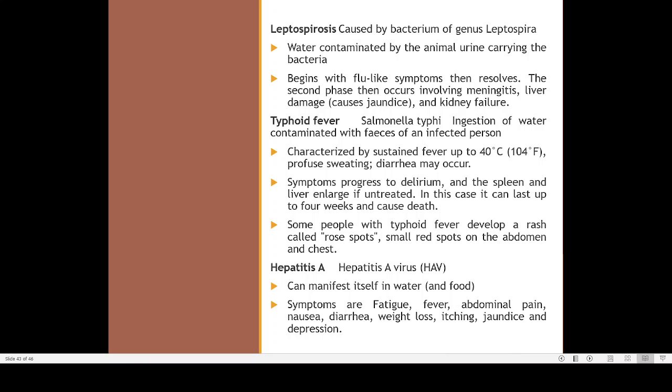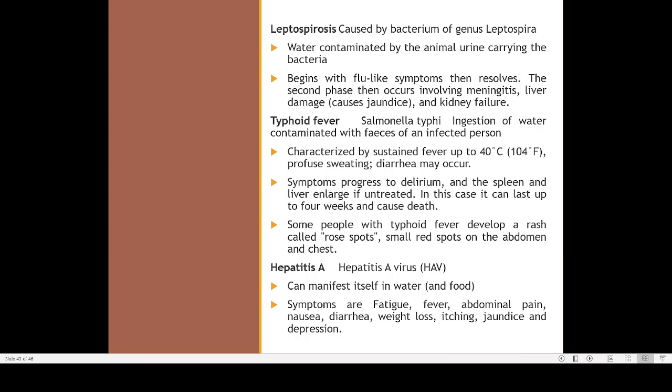It can pass from human beings to rats. The rats put their feces in water bodies, and animals like cows and dogs also take that, and when they defecate in water, if you are drinking that water, it will again come into our body. So these are the steps through which leptospirosis, caused by a bacteria known as Leptospira, spreads.